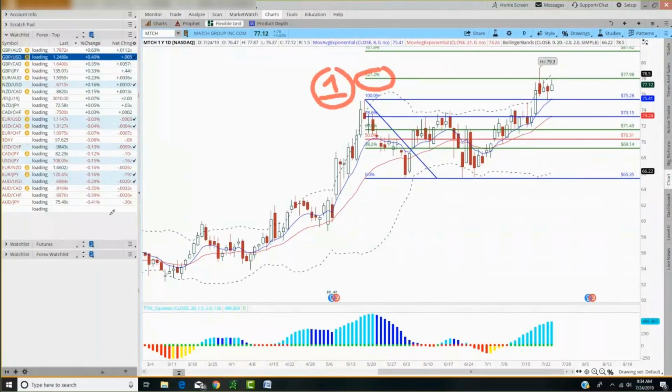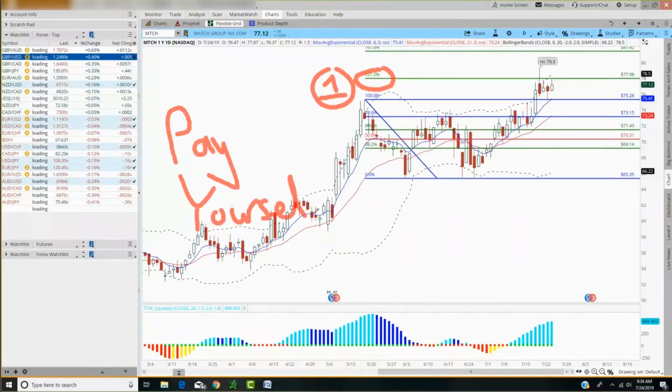I want you to remember something when it comes to trading and price targets. Our goal in trading is to pay ourselves. So just remember, pay yourself. We are trading to make money. So when it hits your profit target, pay yourself, no matter what. That can be target number 1.